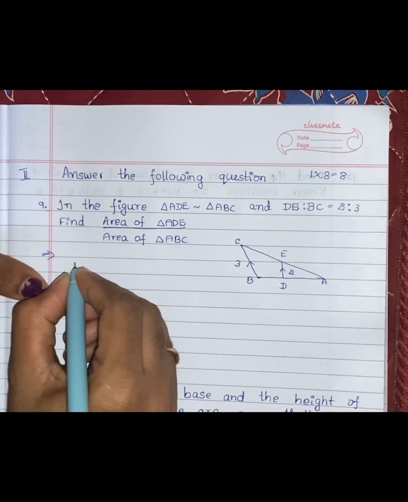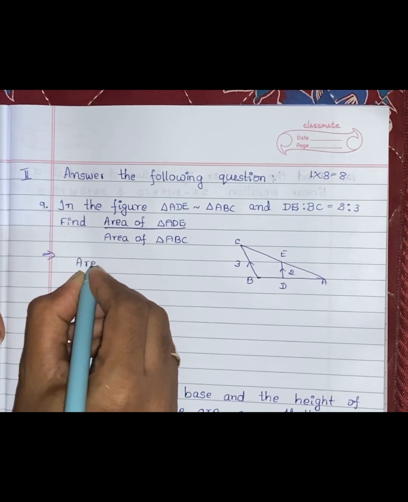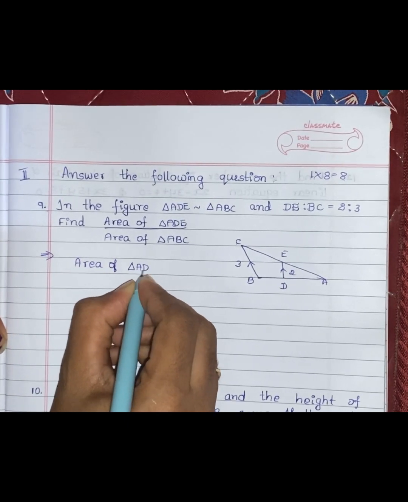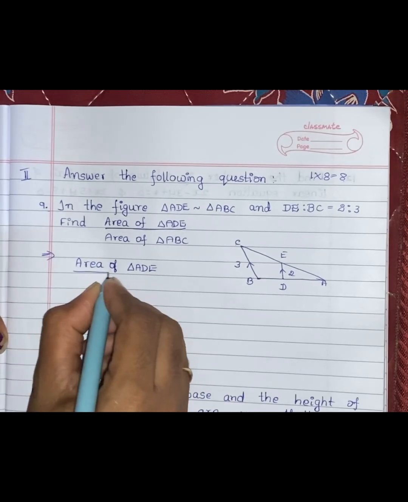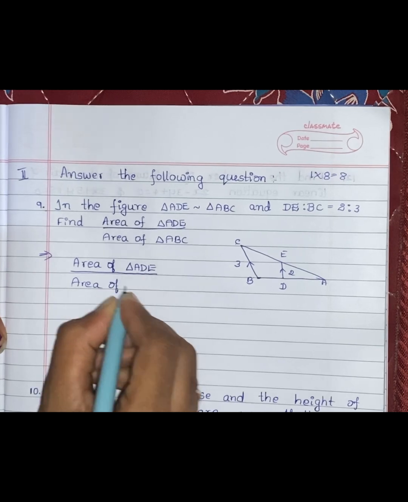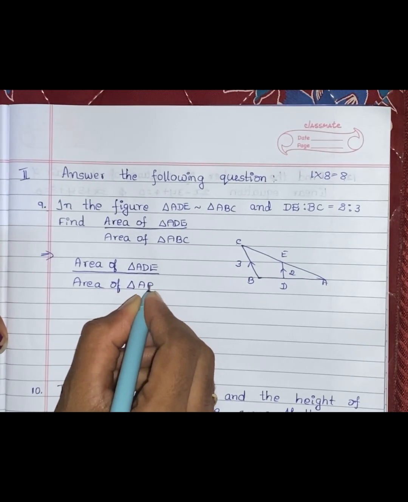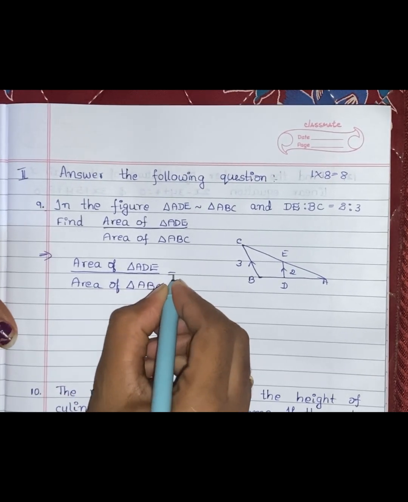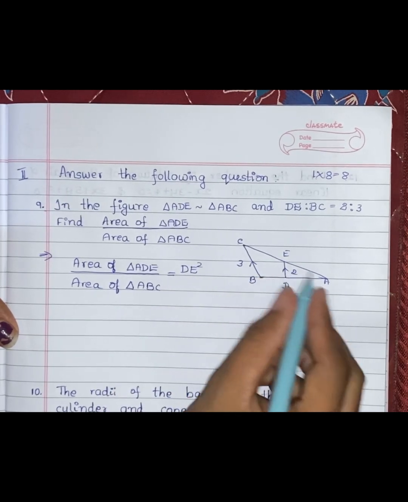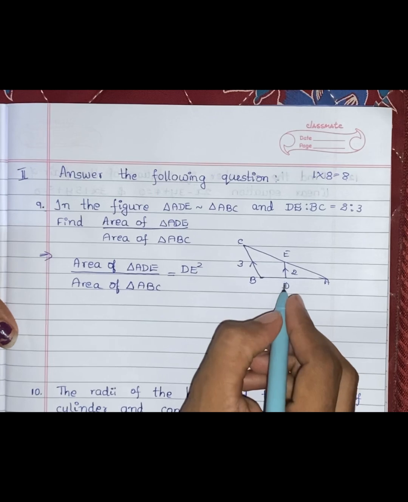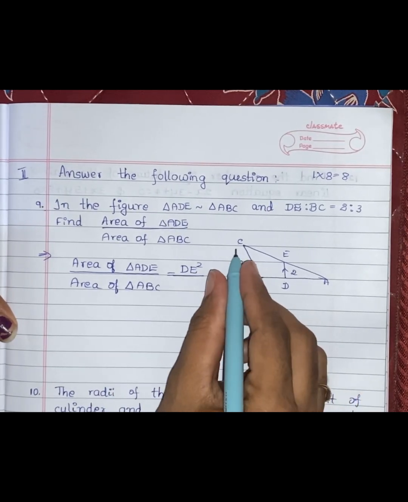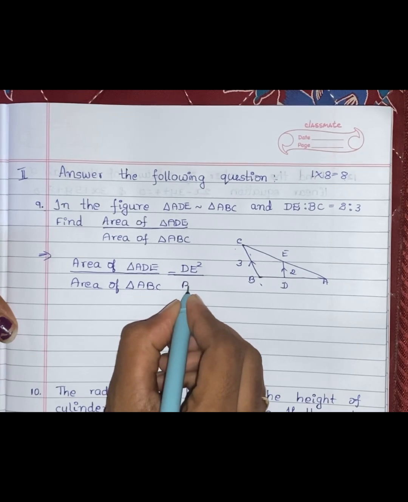write this as area of triangle ADE divided by area of triangle ABC is equal to DE square. In the triangle ADE we know the ratio of DE, so it should be DE square, and in the triangle ABC it should be BC square.